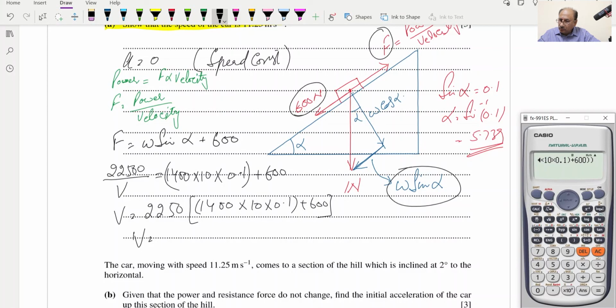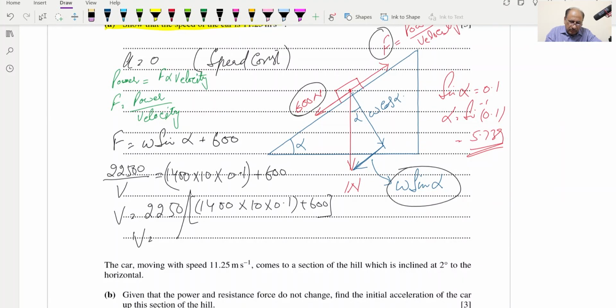There is a syntax error, meaning we have additionally placed a bracket. The 22,500 should be divided by the whole thing, so we shift this for division and write it in brackets.